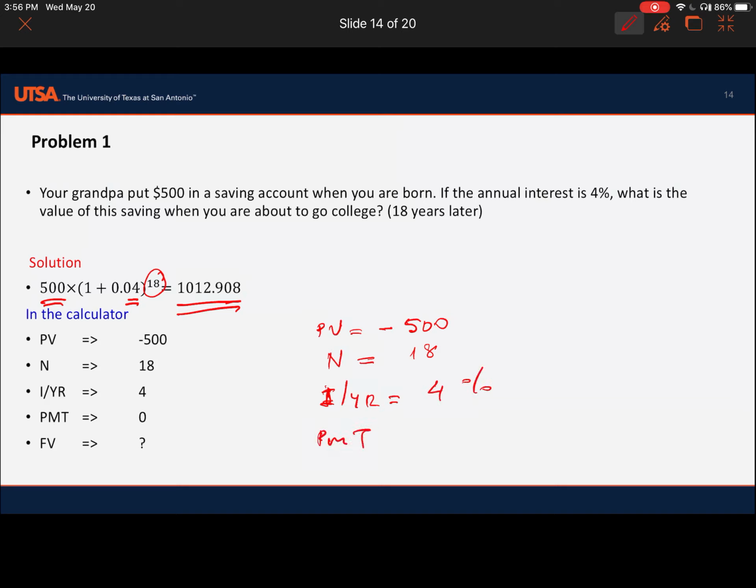Payments: you don't get any payments during the 18 years, or you don't invest additional money, deposit additional funds in your savings account. So payments are 0, and future value is asked. Easy, if you calculate by your financial calculator, you will find this value.